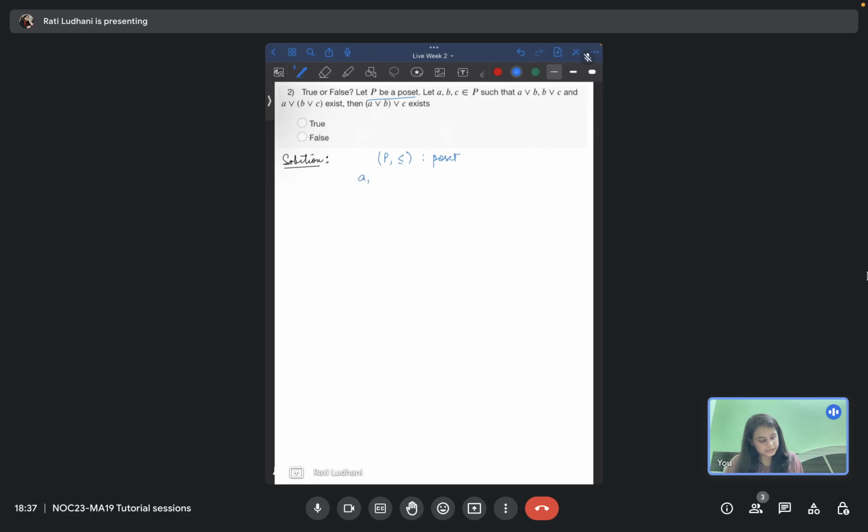Let A, B, C belong to P such that, so it has been given, this is for some, not for every, for some, A, B, C belong to P such that A join B, B join C, and A join B join C exists. Now, what can you say about this element, A join B join C?